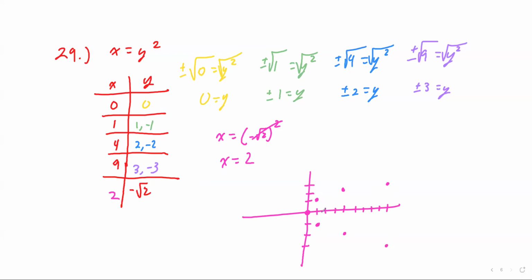So I got this, and then I have one at 2, and then it's negative square root of 2. Square root of 2 is between 1 and 2, and it's negative, so I want to roughly ballpark it about in this area right here. All right, so I can kind of see that I'm predicting some type of graph that looks like this. This right here is actually called a hyperbola. It's basically a sideways parabola. All right, so there's that.